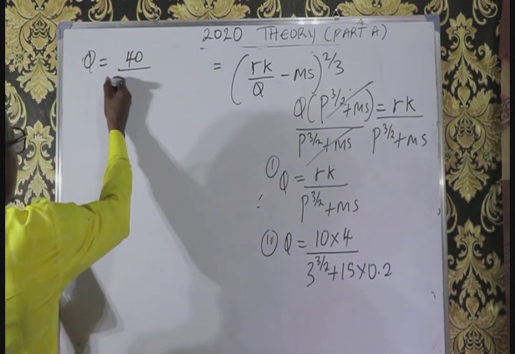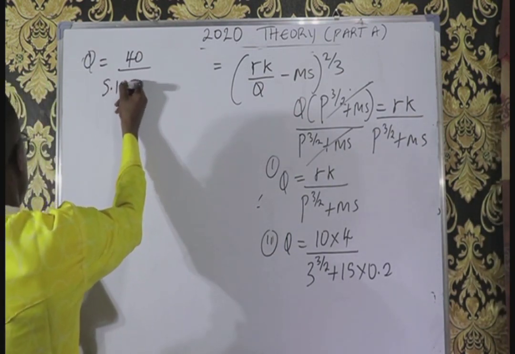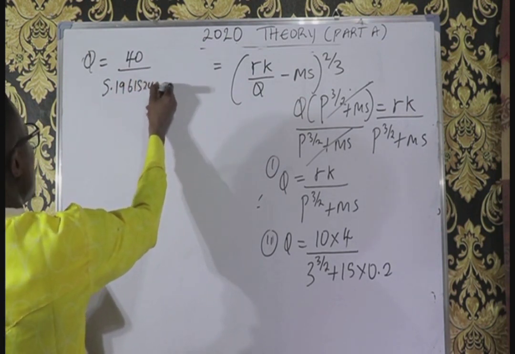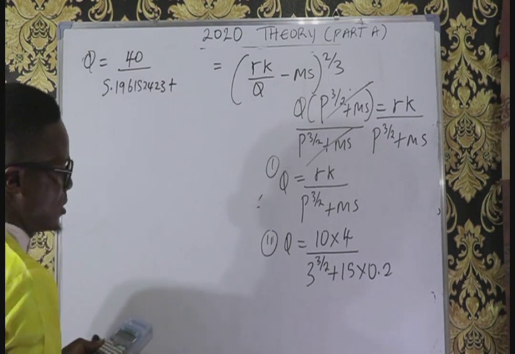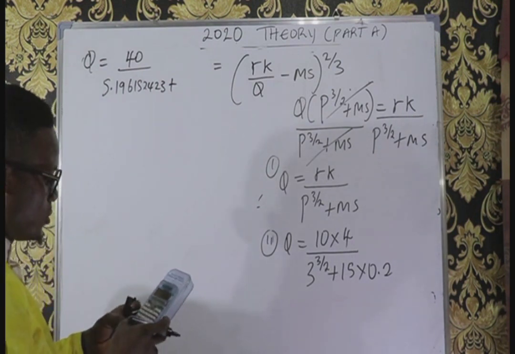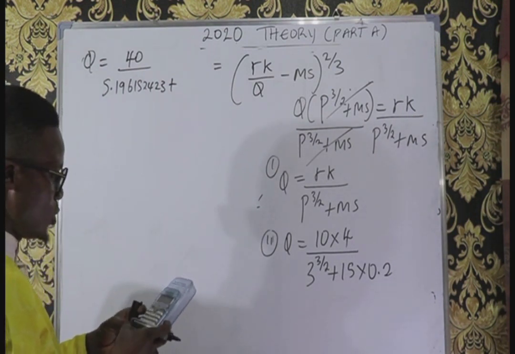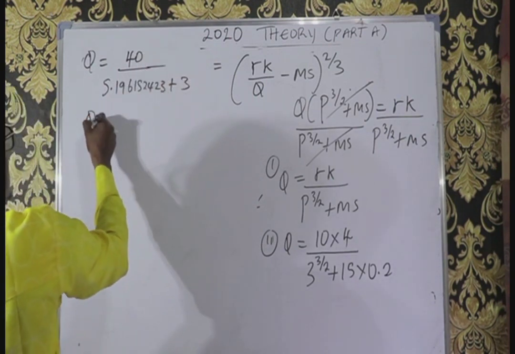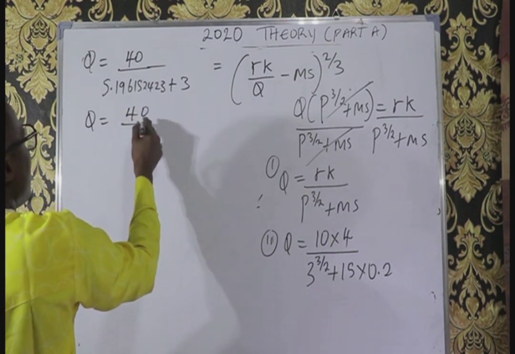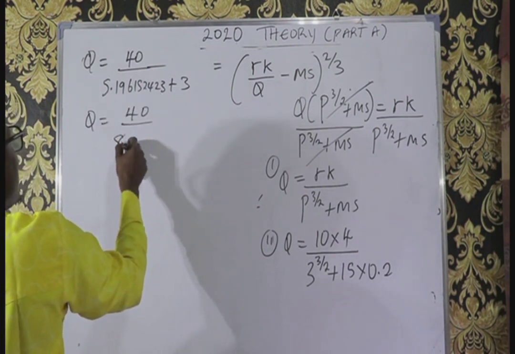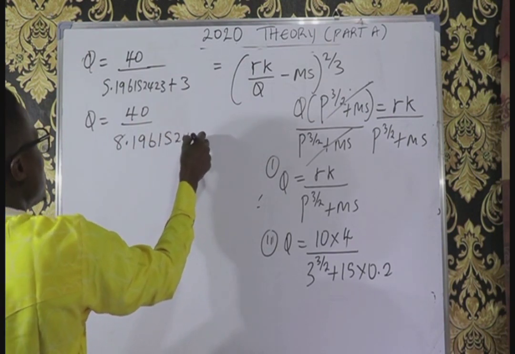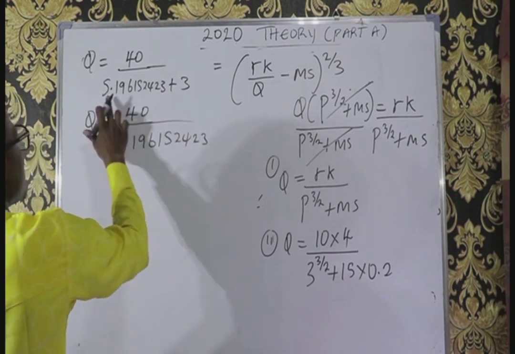It will give us 5.196152423, plus 15 times 0.2, that will give us just 3. So Q is equal to 40 over, if I add this, I have 8.196152423, because 3 plus 5 is 8.